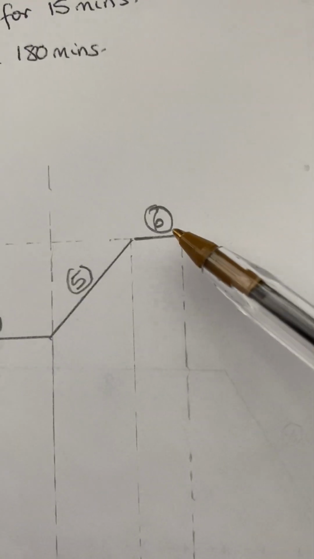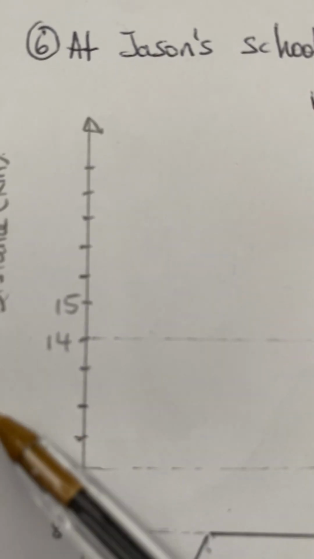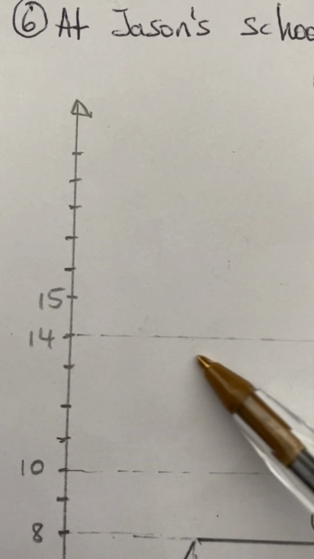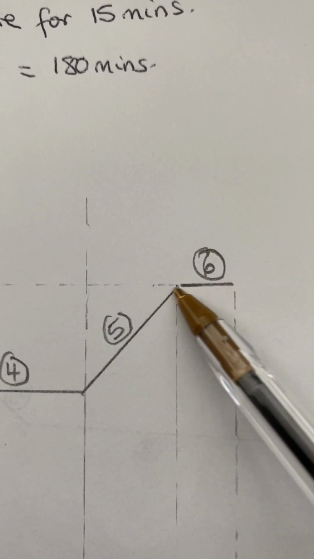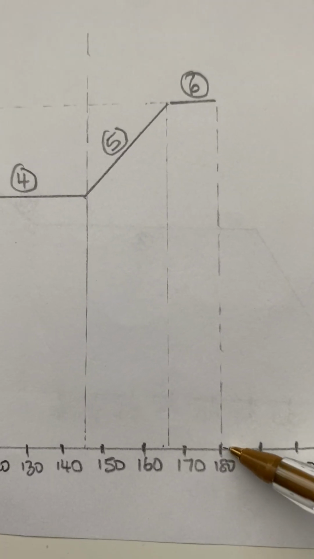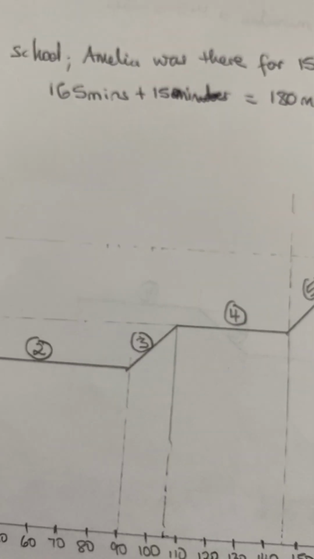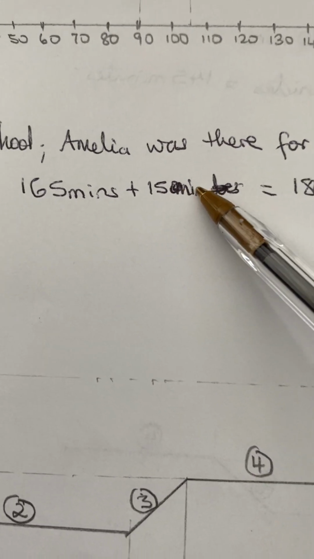So on the graph again, that is 14 kilometers. We trace it all the way there. She's not traveling here, and that is 15 minutes. So 165 plus 15 minutes will be 180.